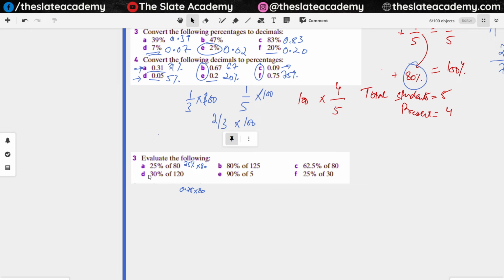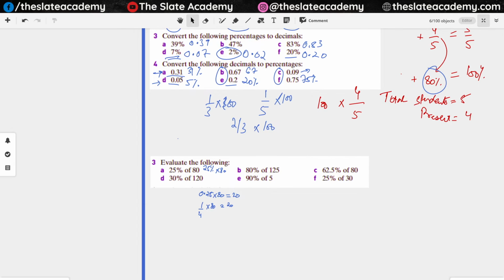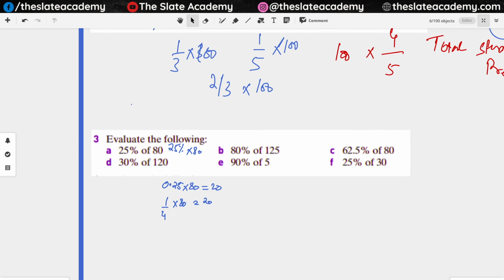So 25% of 80 would be 20. Also, I know 25% of something is 1 out of 4. So 1 out of 4 into 80, again, I get 20. Understood?